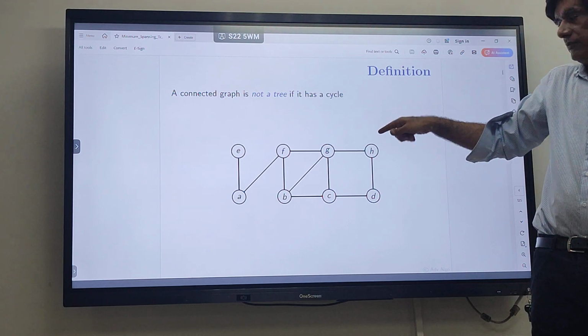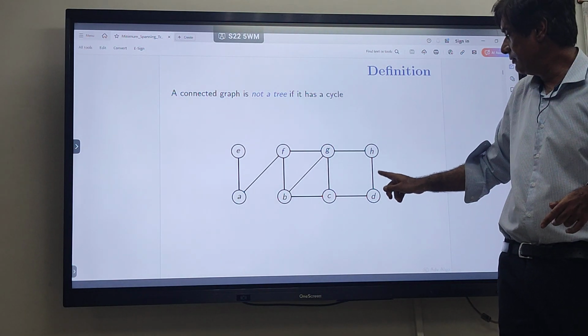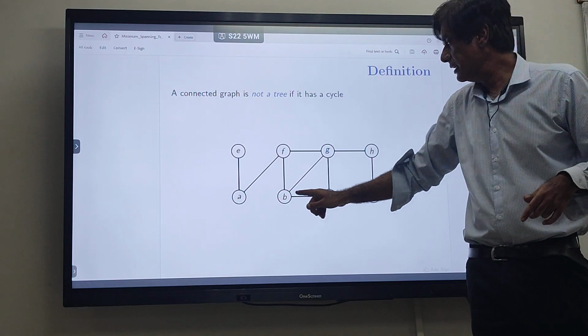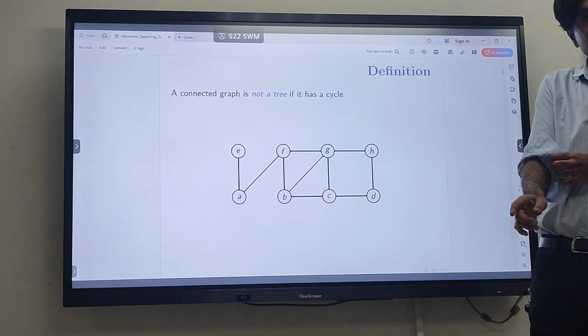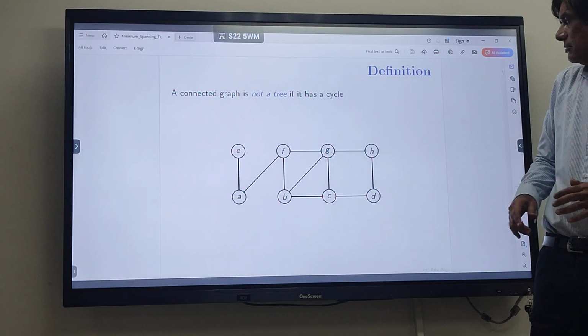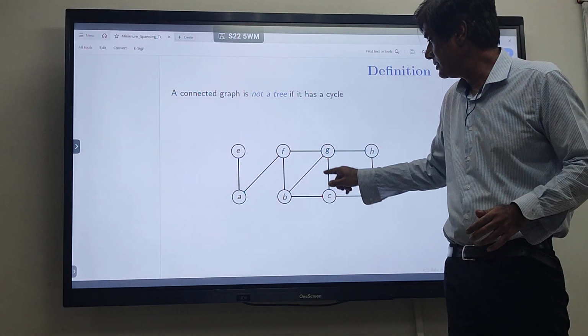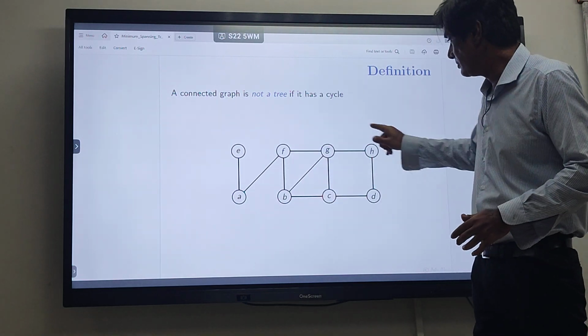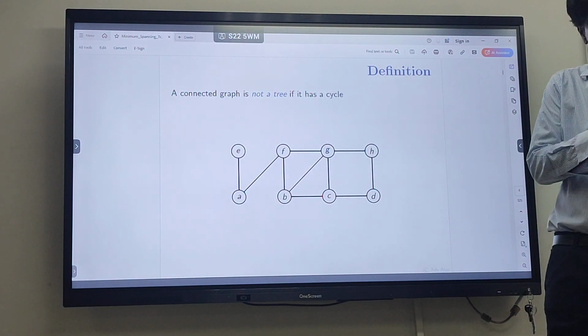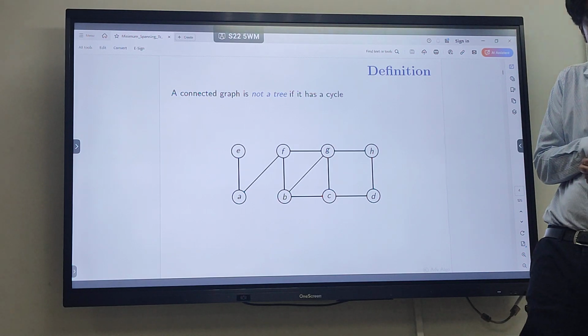So this is not a tree, and we can see that we have multiple paths too. So there are 4 cycles, right? Huh? There are 4 cycles in this. So one cycle is here, one cycle is here, one cycle is here, another cycle comes around over on the outside. So yeah, I think you are right. There are 4 cycles in it.